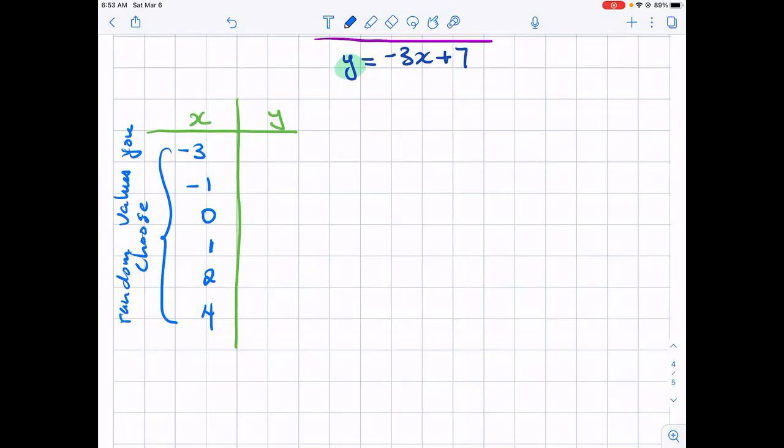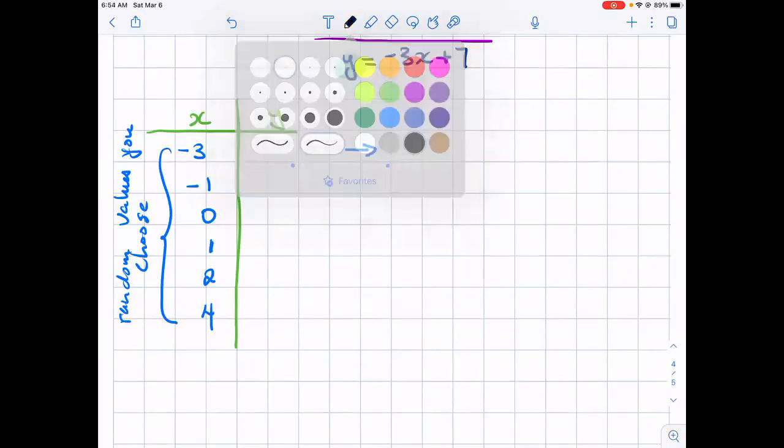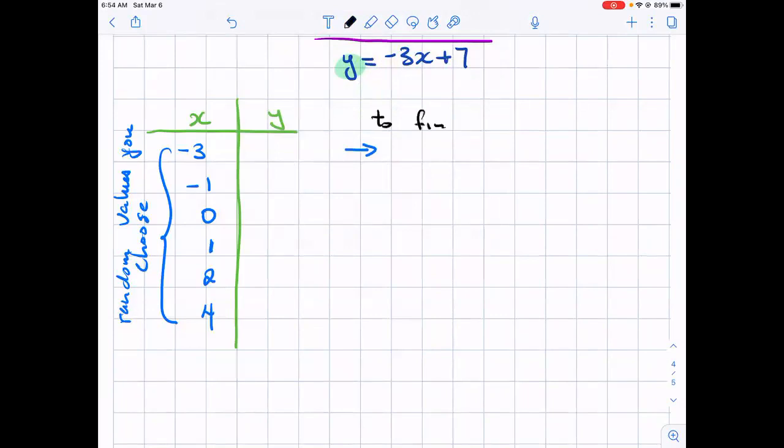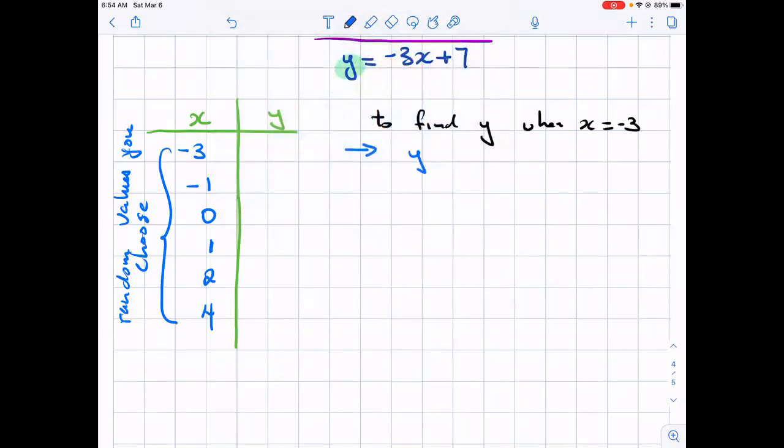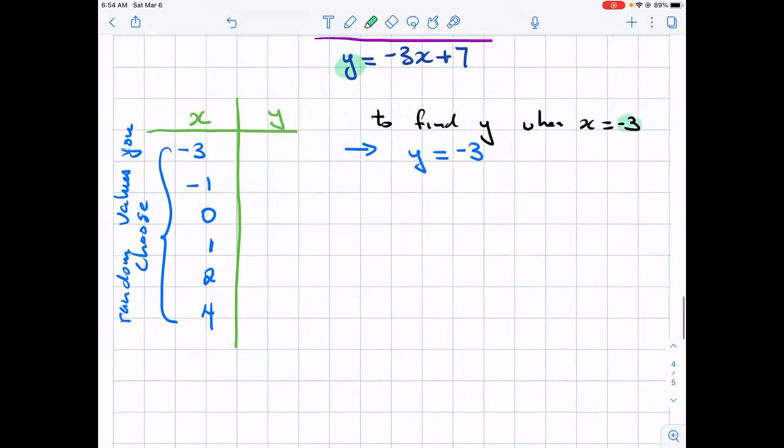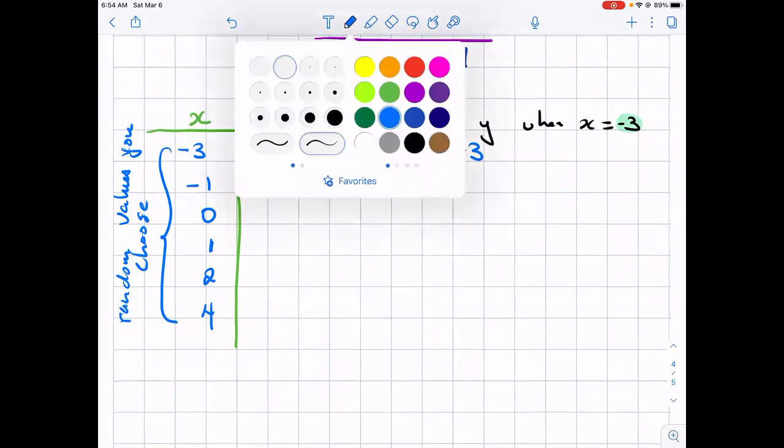And then what we will do is find y. To find the y value when x is equal to minus 3, we have y is equal to minus 3, and then we plug in minus 3 for x.